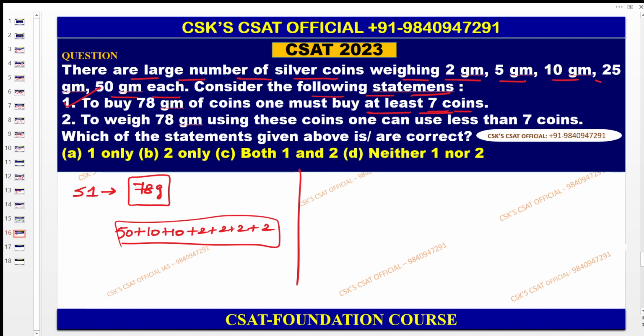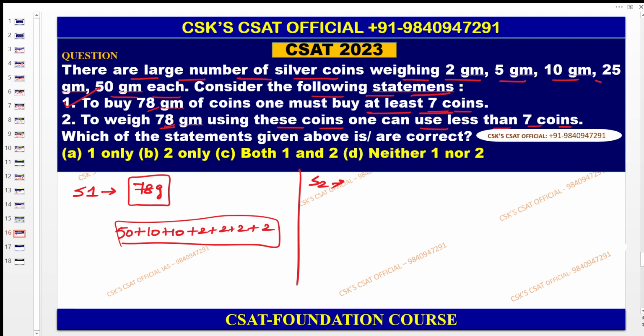Okay. Next here, statement number 2. Always remember this 8 here in the unit place. Surely even numbers only give you a 8 here. So the first split is like that. Now to weigh 78 grams using these coins, one can use less than 7 coins.